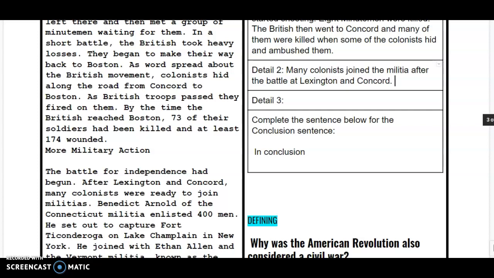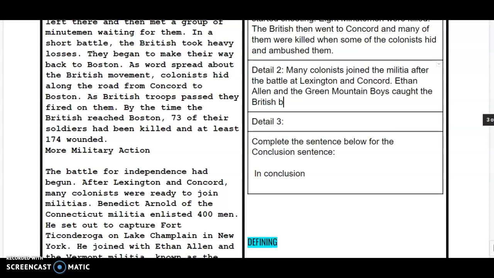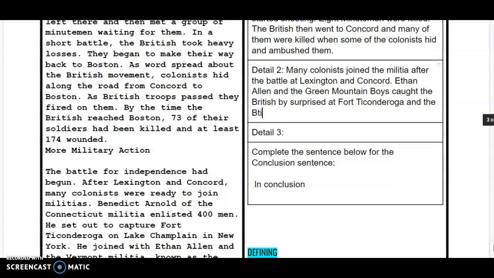So Ethan Allen and the Green Mountain Boys caught the British by surprise at Fort Ticonderoga, and the British had to surrender.